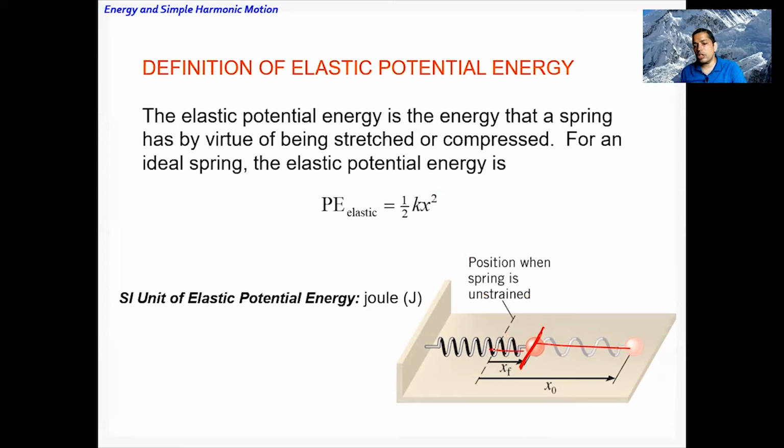If you compress it, it has potential energy also. How do I know? Because if you stretch it up to here and you release it, then the spring will go to this position, right? Why is that? Because when you stretch it, the spring has energy, and it is that energy that brings the spring to its original position.